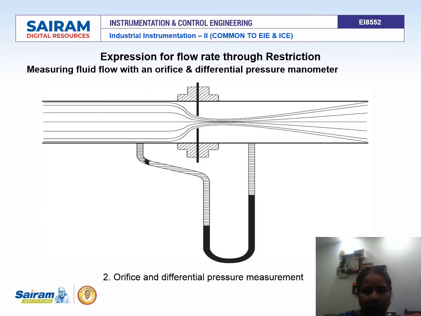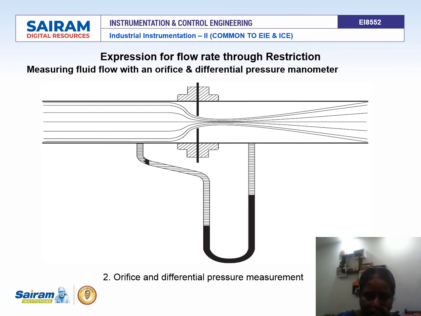Then this is the diagram for the orifice plate, and we are going to measure the differential pressure. The orifice meter acts as a primary sensing element. We are going to tap, or measure, the pressure at one point and at a second point, and measure the differential pressure between the 2 points.